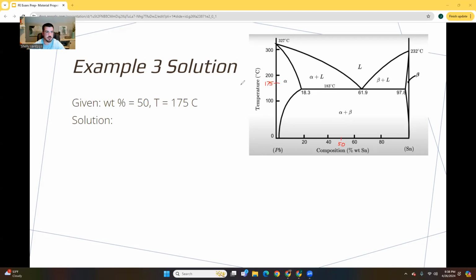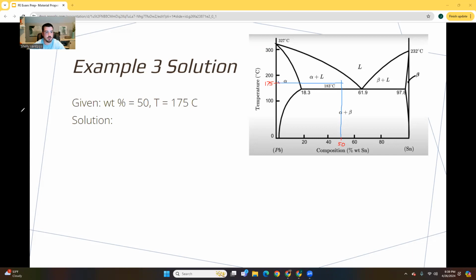So if we extend our lines here, we will see that we end up right around this point.